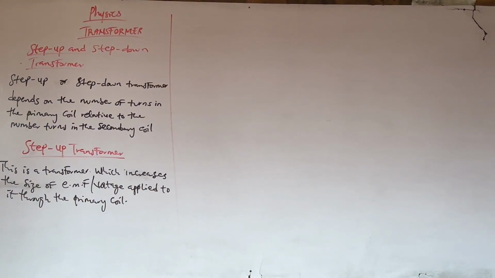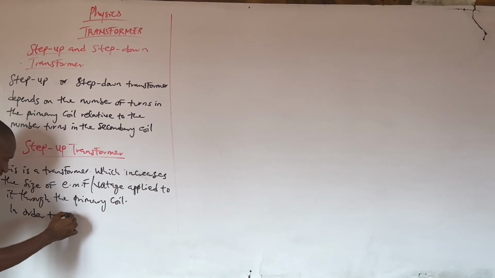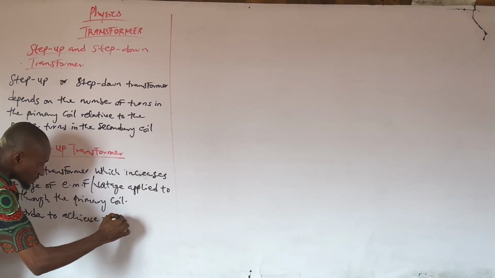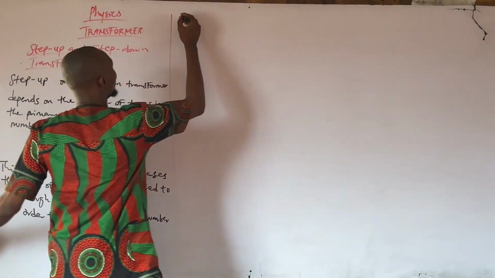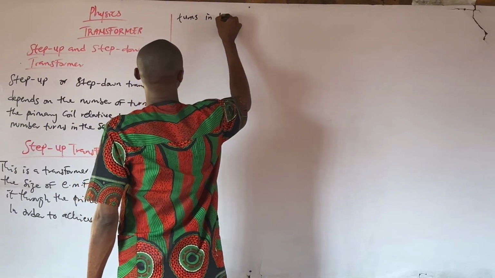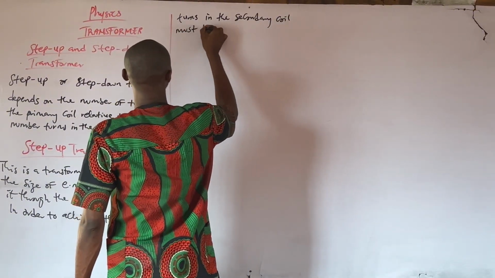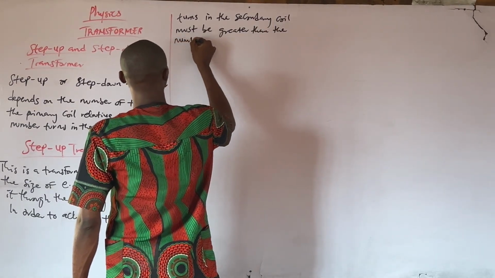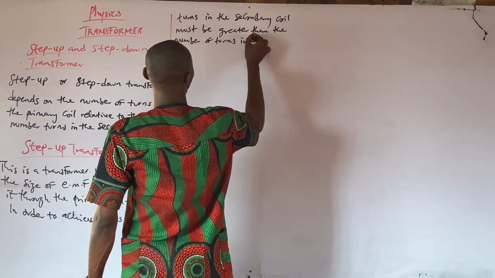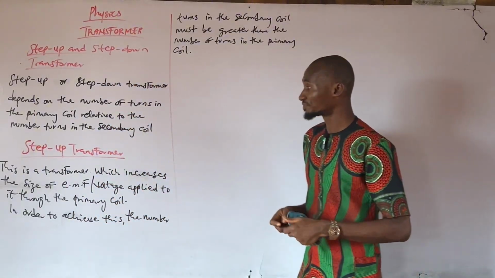Full stop. Now pay attention. In order to achieve this, the number of turns in the secondary coil must be greater than the number of turns in the primary coil.